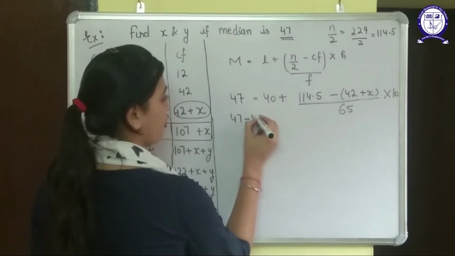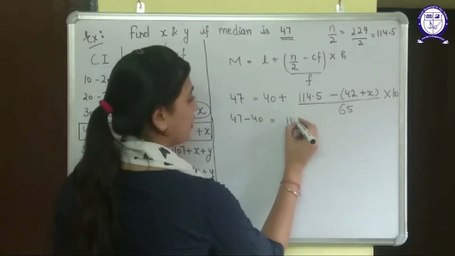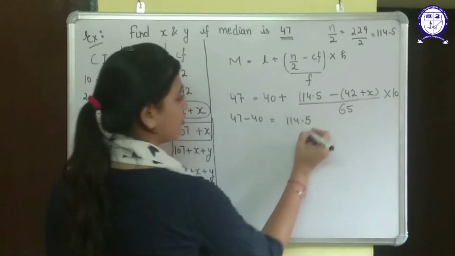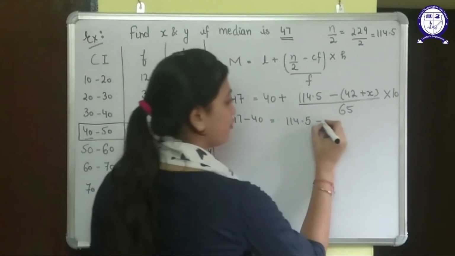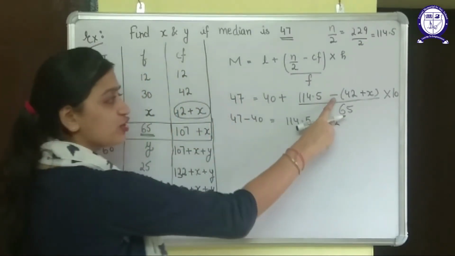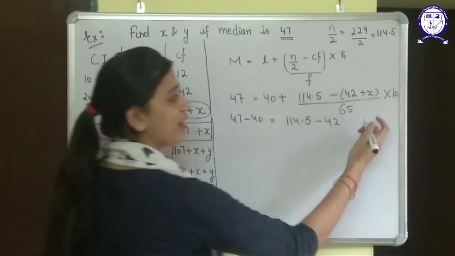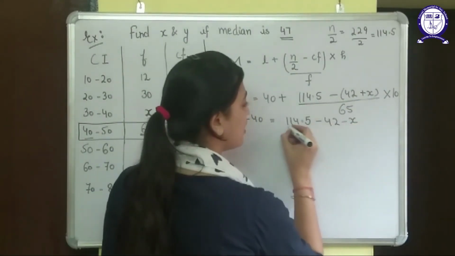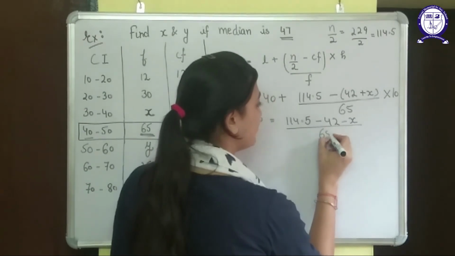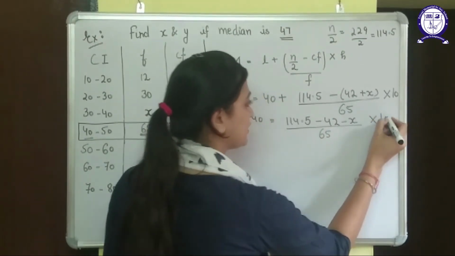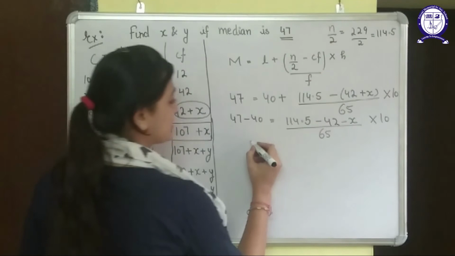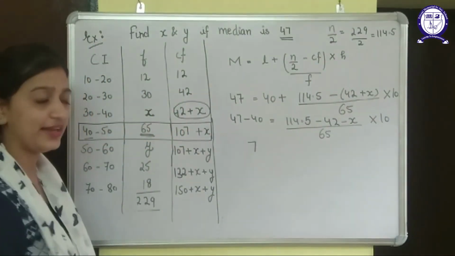47 minus 40 equals 104.5 minus 42, and because of this minus outside, the sign of x will change, minus x upon 65 into 10. So I will get 7 here, 47 minus 40.